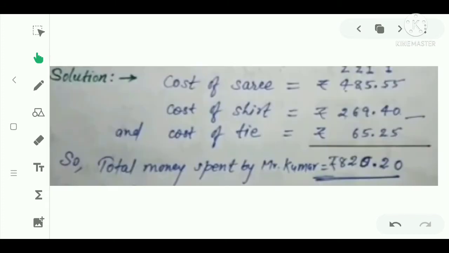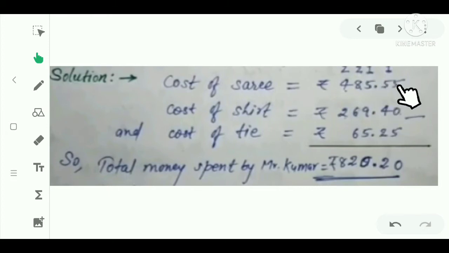Firstly just write down cost of sari, rupees 485.55. Then cost of shirt, rupees 269.40, and then cost of tie, 65.25 rupees. So total money spent by Mr. Kumar. Now add these three costs.